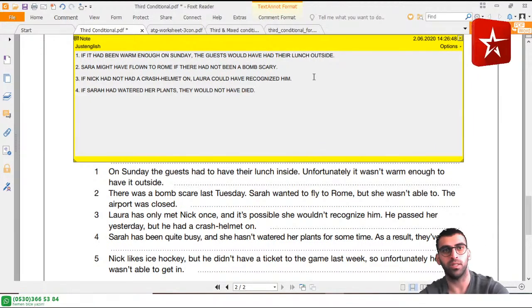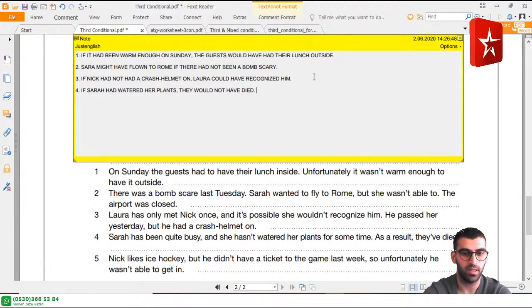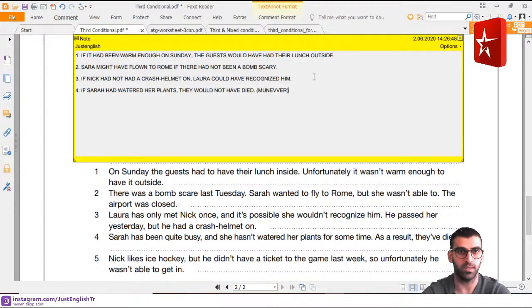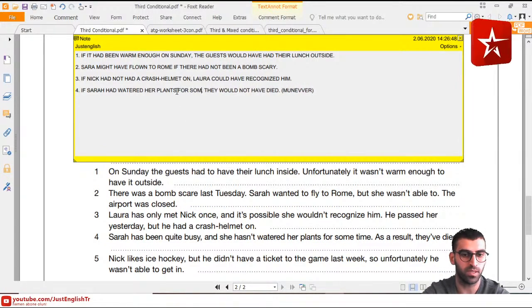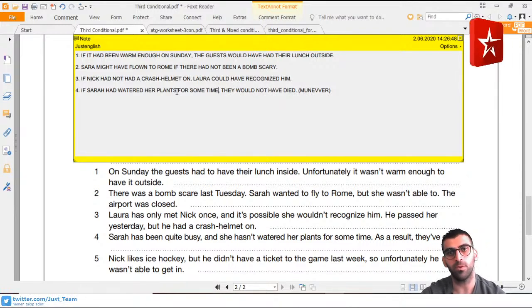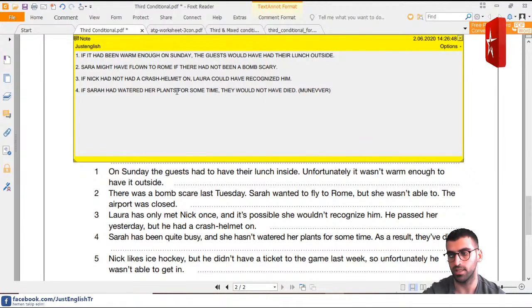Yes, that is the correct answer. And let me write Münevver's name here, as I promised you. Münevver wrote this sentence. If Sarah had watered her plants for some time, and also I can add the adverb here, for some time, they wouldn't have died. Yes, they wouldn't have died. That is the correct answer for number 4 by Münevver.